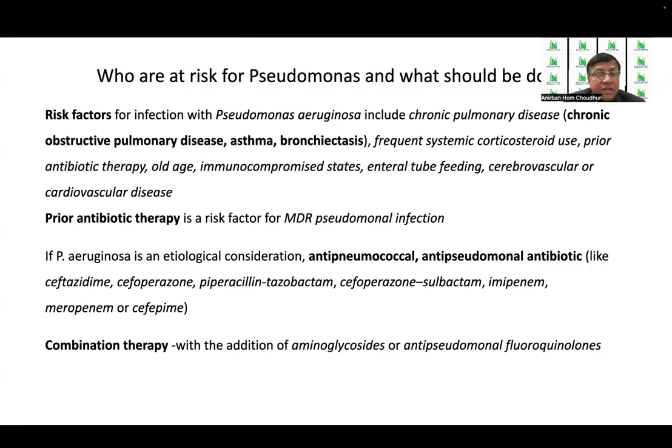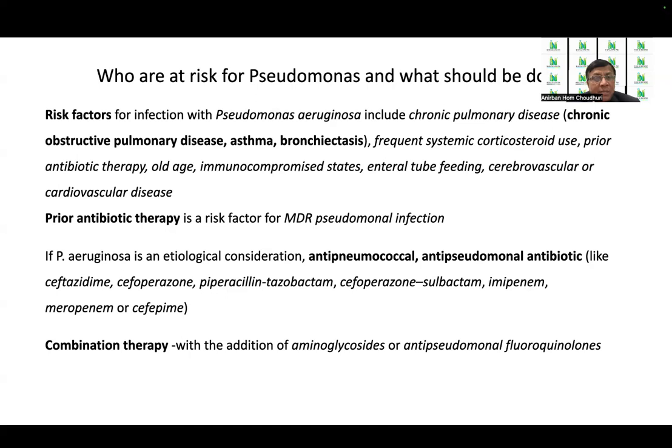Now, who are the patients who are at increased risk of pseudomonas, and what should we do? The risk factors for infections with pseudomonas include chronic pulmonary disease, that is COPD, asthma, or bronchiectasis, frequent use of systemic steroids. Many patients suffer from other conditions, rheumatoid arthritis, etc., for which systemic corticosteroid is administered over a long time, or neurological disease also.